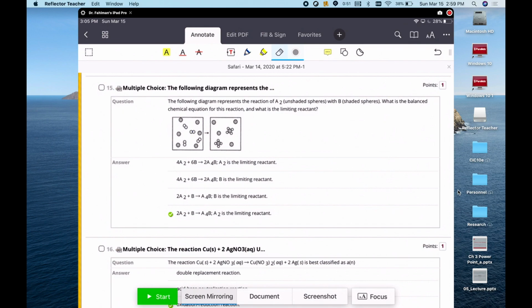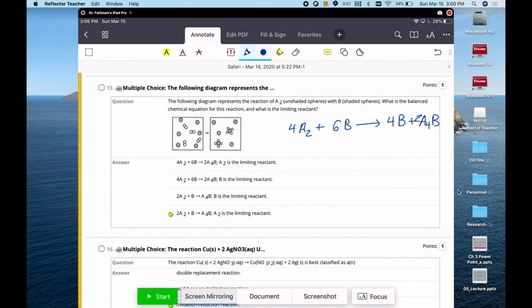Okay, and this next question is a more visual kind of question about limiting reagents. So in this one, if we write out what these are, A2 are the unshaded, so we have 4 of those on the reactant side, and it's reacting with 1, 2, 3, 4, so 6 of the B's to form... We've got 4 B's left over, and I guess we call it A4B.